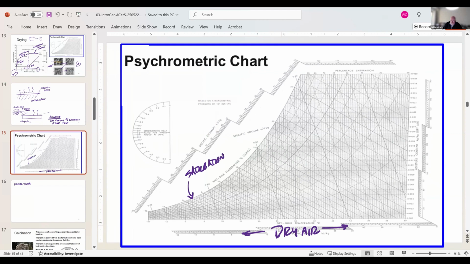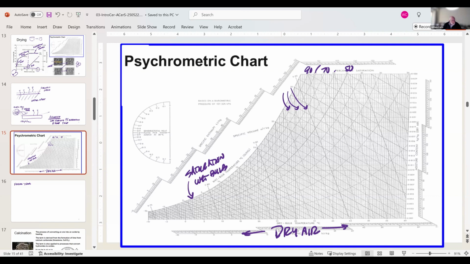So this is called a wet bulb temperature. It's hard to see on this chart. You can find them online. They're really easy to find online. And then these lines here, for example, are relative humidity. This is 90 here. This is 80. This is 70, 60, 50% relative humidity.